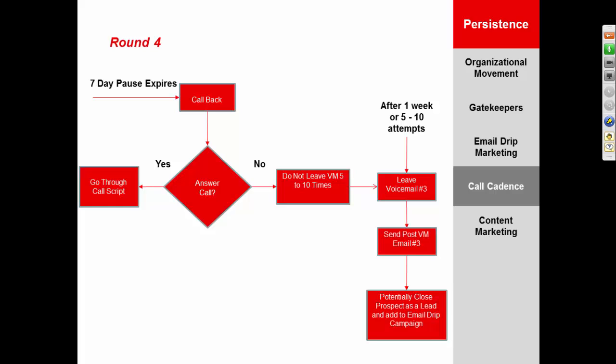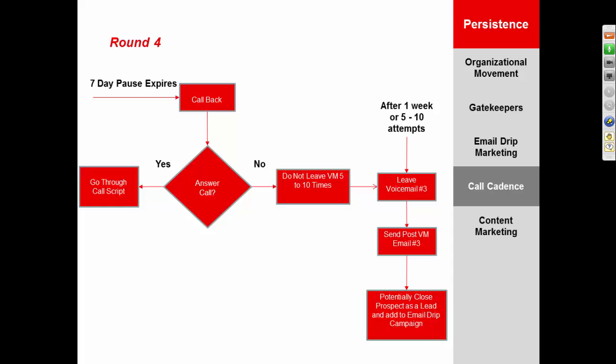Now, here's where we bring in the email drip campaign, right? We have their email address, so let's add them to our email drip campaign. If you're on my email drip campaign, you probably get a couple emails a week, depending on which list you're on. So you're not going to put this person on a list where they get an email every other day, right? That's where you put your warm leads.